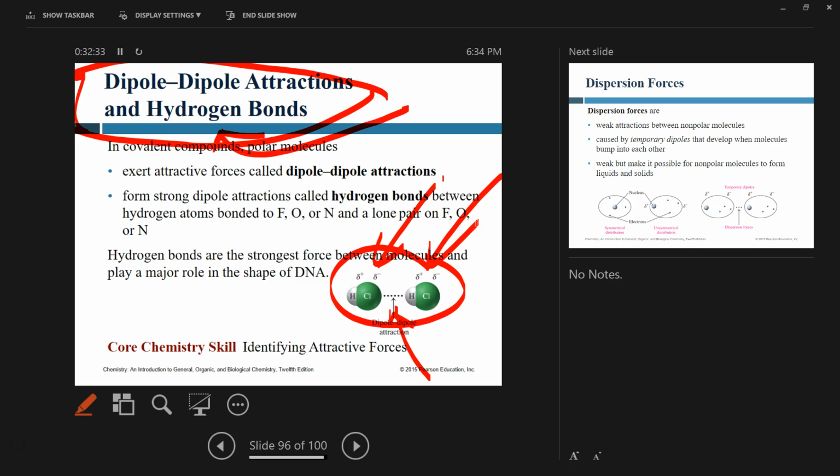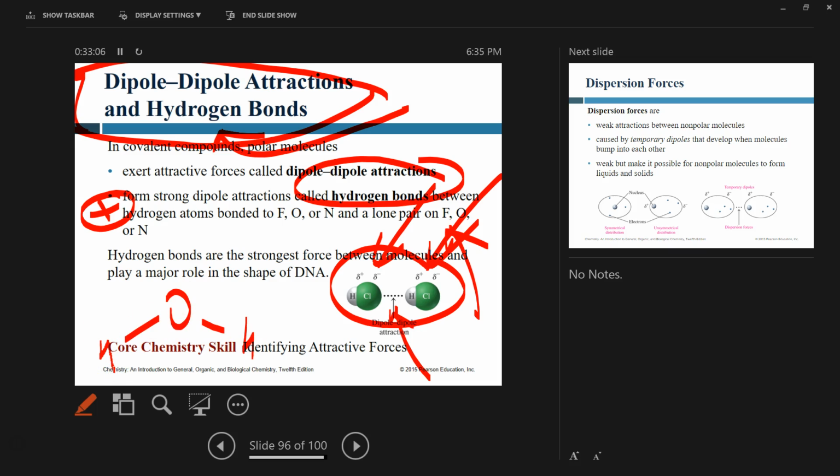So hydrogen bonds are formed specifically between partially positive hydrogen atoms and the lone pair on fluorine, oxygen, or nitrogen. Does that make sense? So what does that mean? Let me show you using the example of water. Oxygen in the water molecule has two lone pairs.